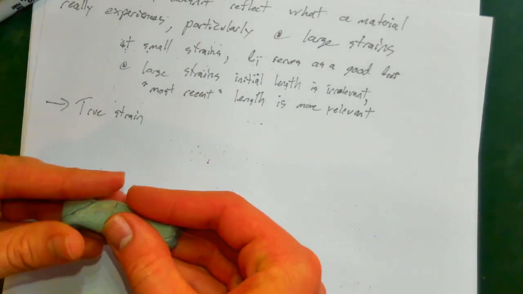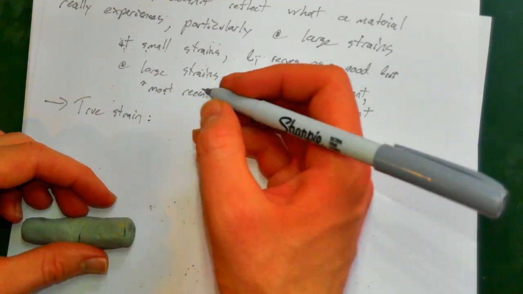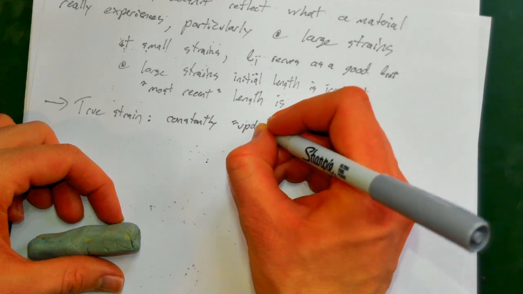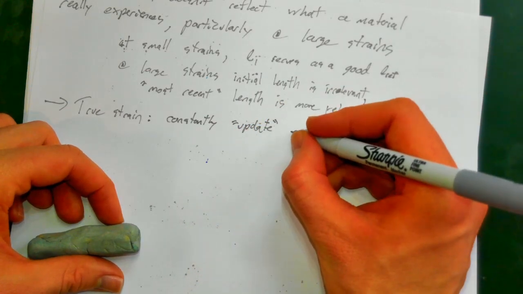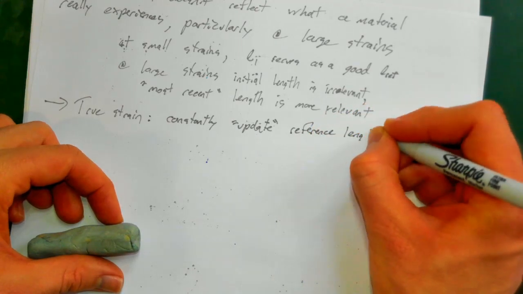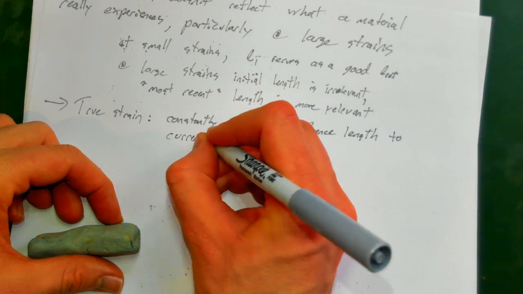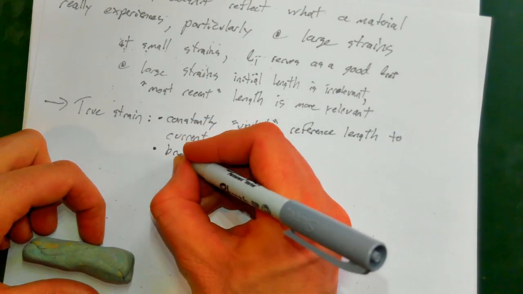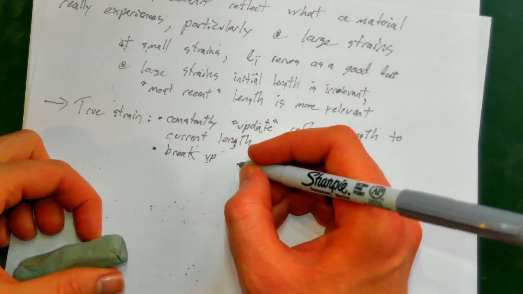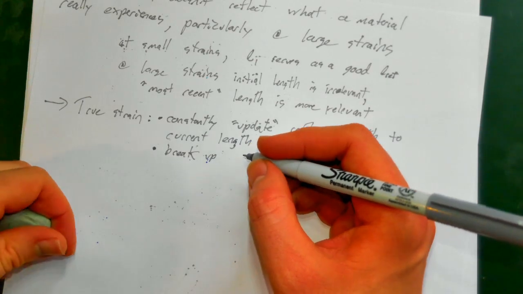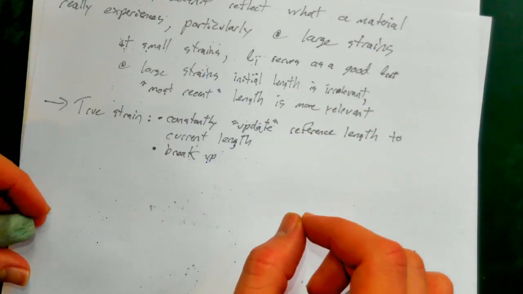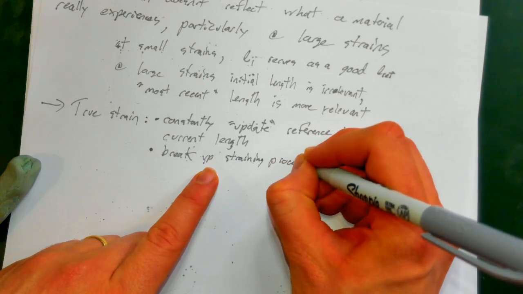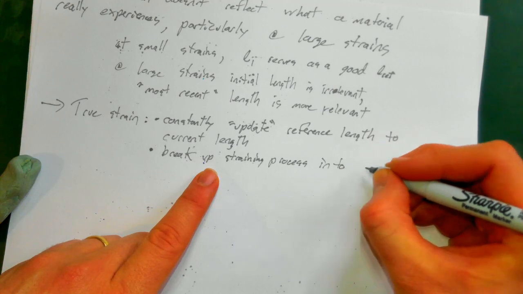But for true strain, we constantly update our reference length to the current length, and we break up the straining process into an infinite number of infinitesimally small steps.